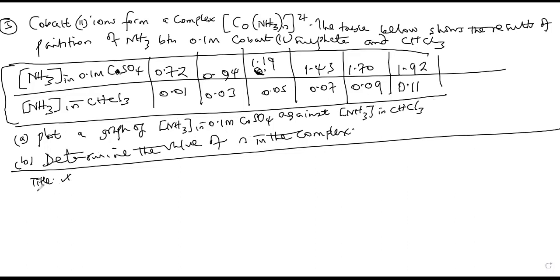So you have to look at the scale and then the axis. Then your plotting will matter, and then your shape will matter. The fact is, for this case, you must come up with a straight line.